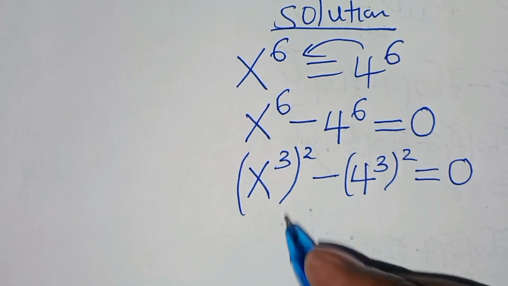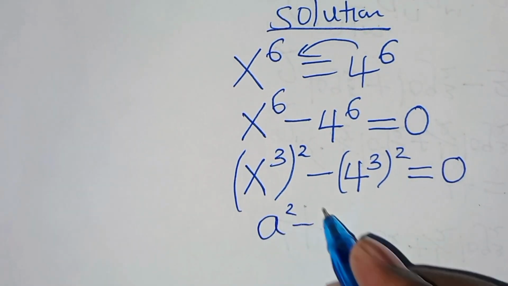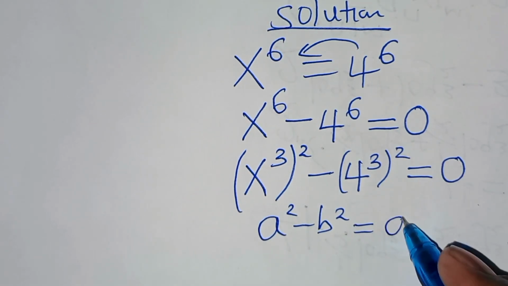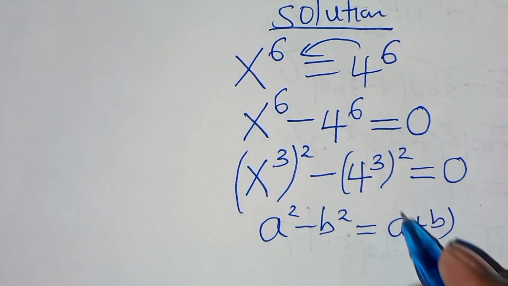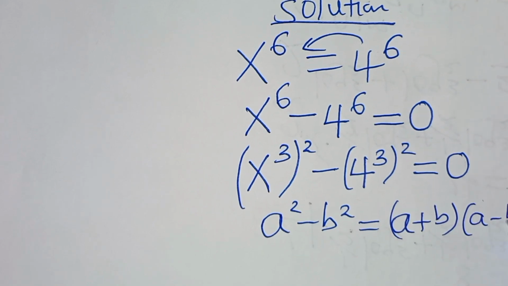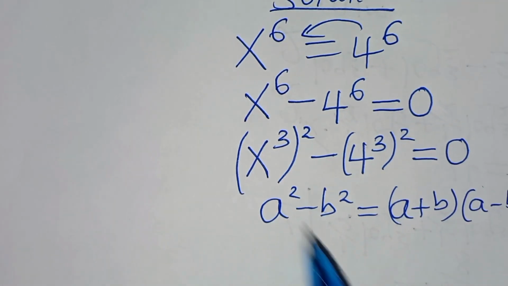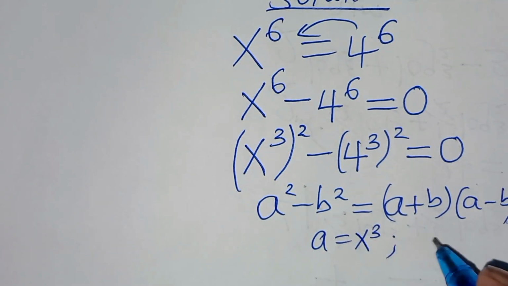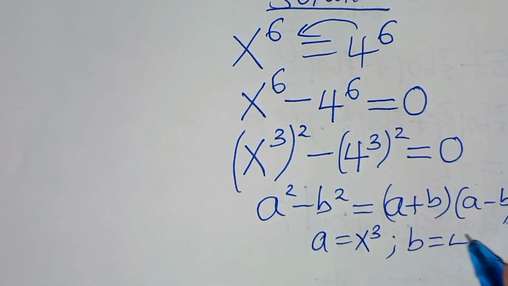Now, this equation is in the form of a squared minus b squared, which is the difference of two squares, which you can express as a plus b times a minus b. So from this equation, a is equal to x to the power 3, and b is equal to 4 to the power 3.